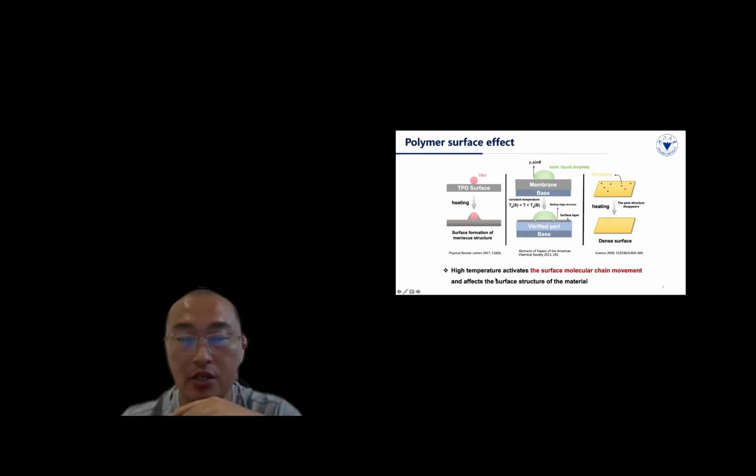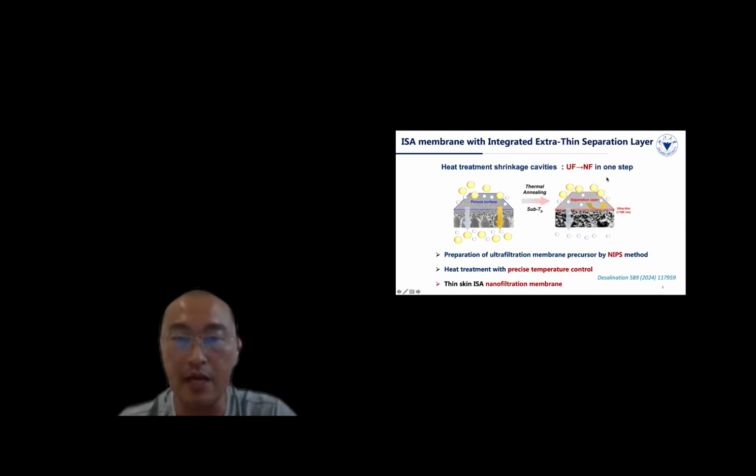So based on this scenario, I prepared a very good nanofiltration membrane. It's very easy to understand. Initially, I use the phase separation method to prepare ultrafiltration, UF membranes. This kind of membrane has many pores on the surface, as shown here.